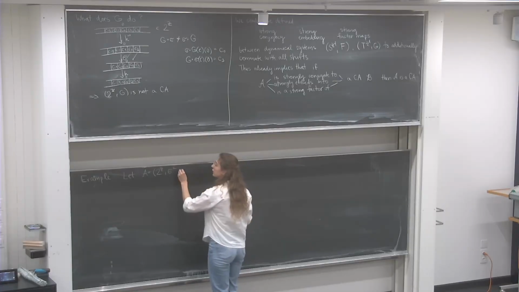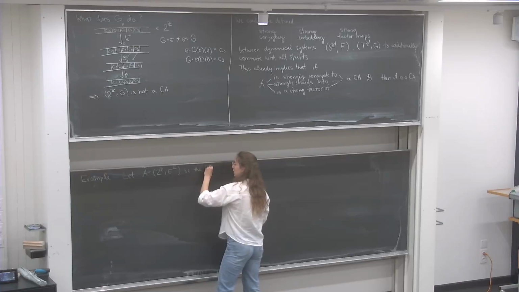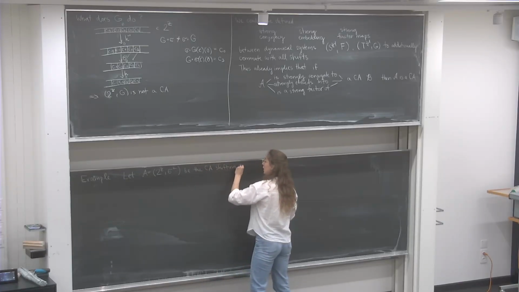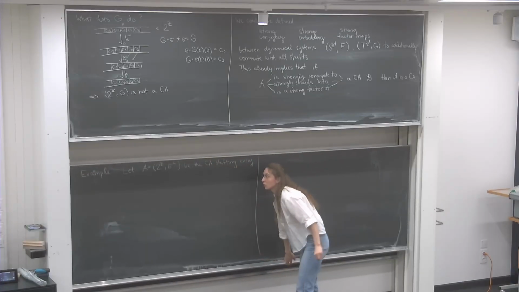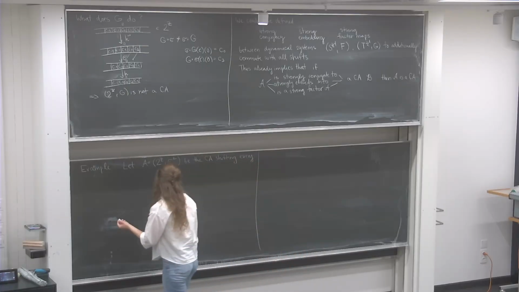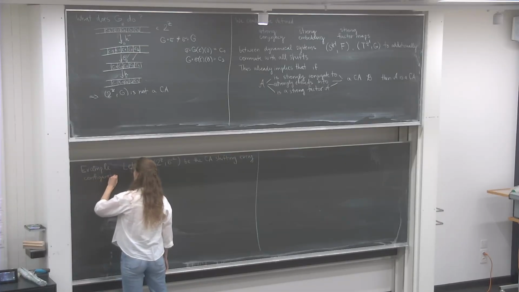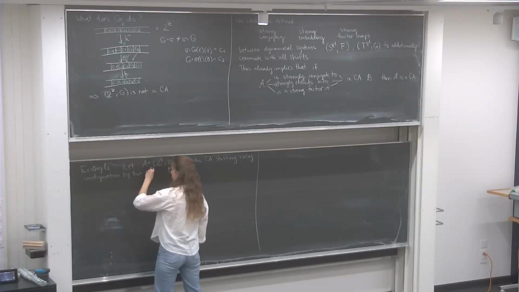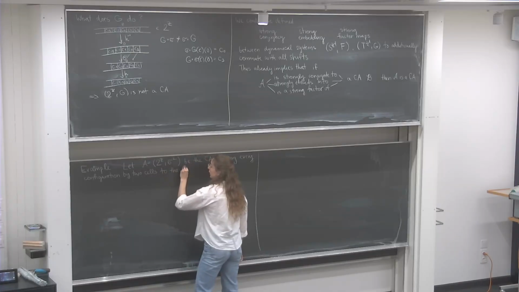Let B be the CA shifting every configuration by 2 bits to the left, or by 2 cells to the left.